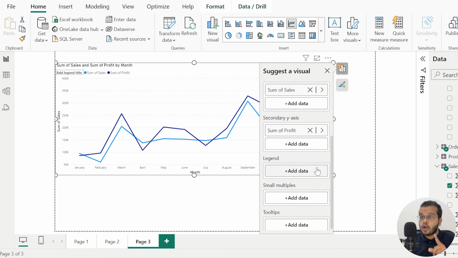You cannot add categorical data in a legend field when you are having a secondary y-axis. If you remove the secondary y-axis, then you can use legend. If you want to have legend, you should not have the data in a secondary y-axis.